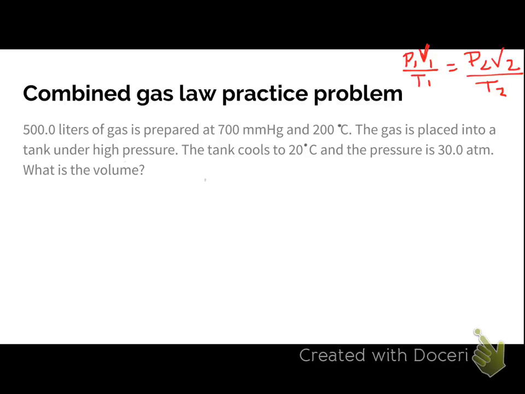The gas is placed into a tank under high pressure. The tank cools to 20 degrees Celsius and the pressure is now 30 atm. What is the volume? Now we're going to have a few more variables than before.